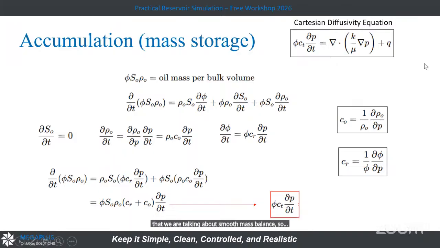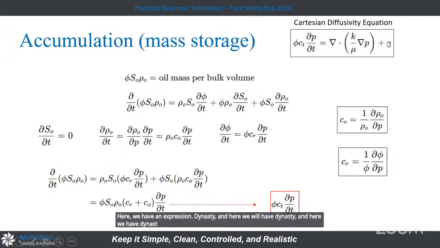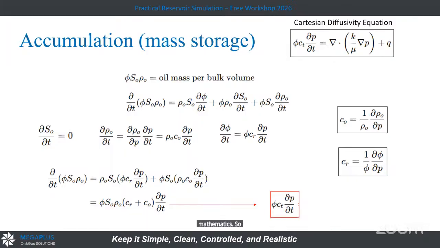So here we have an expression with density, and here we will have density, and here we have density. So we will divide by the density on the right hand side and the left hand side. It's very simple mathematics. So this is how the simulation calculates the accumulation.